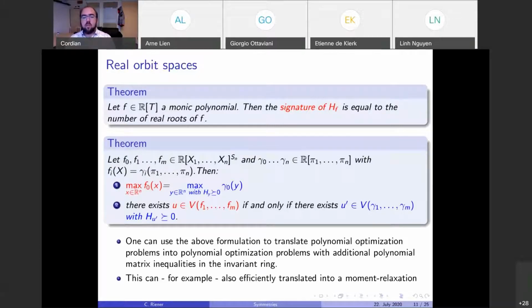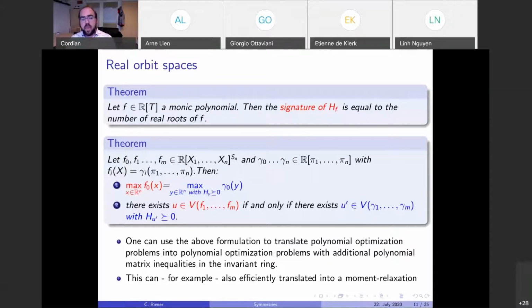However, I need to keep track of this Hankel matrix being positive semi-definite, so this adds some polynomial matrix inequalities in the invariant ring to my problem. And for example, this particular setup of polynomial matrix inequality can be neatly translated into the traditional moment relaxation approach.